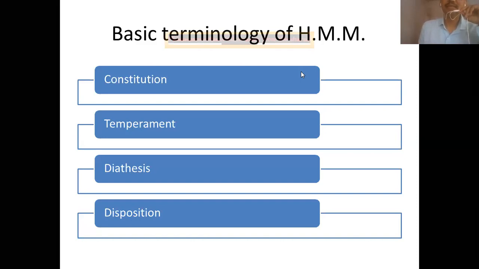And rather than the exams, you will be able to study that remedy in a nutshell, or you can revise it just by remembering the constitution, temperament, diathesis, and disposition of a specific remedy.